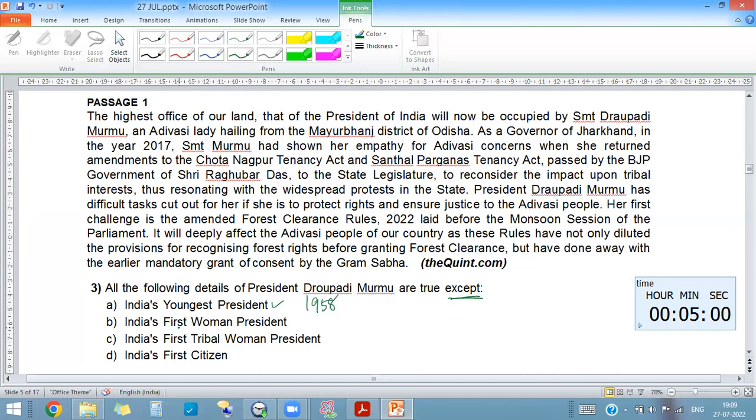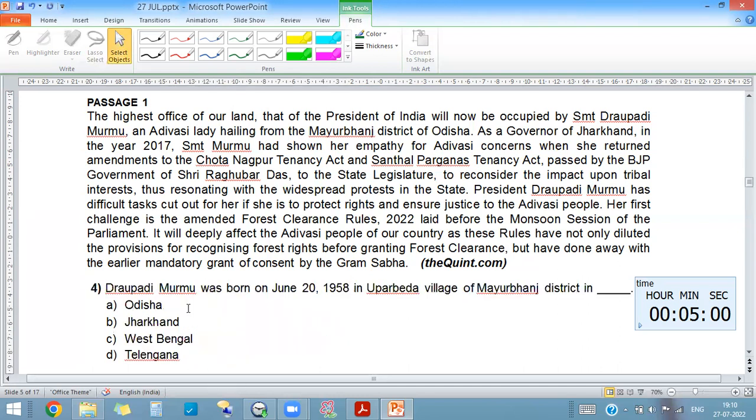First woman president. No, remember we talked about the 12th president, so she's the second woman president of this country. Third option, first tribal woman president, true. India's first citizen, true. Fourth question.